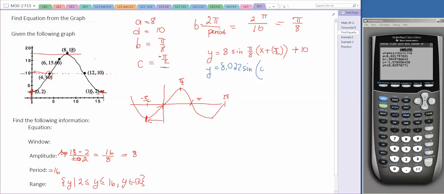We have 0.394 or 395 x, and it's negative, so that's subtract 1.25, and I'm multiplying this, or sorry, adding, and I have 10.03. So pretty darn close.